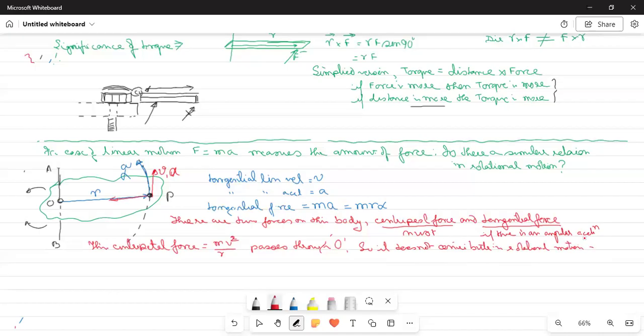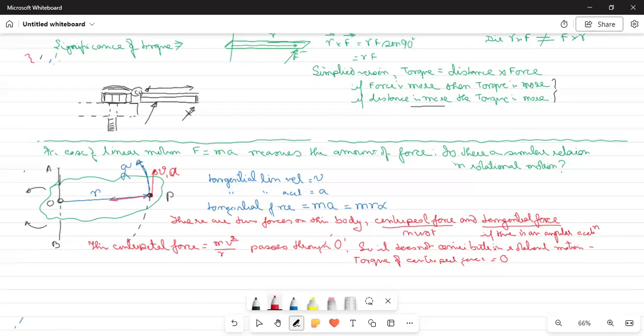Centripetal force does not contribute any rotational motion, because if you want to find the torque of this centripetal force, here let me write it: torque of the centripetal force is zero, because torque is the force vector multiplied by the position vector.